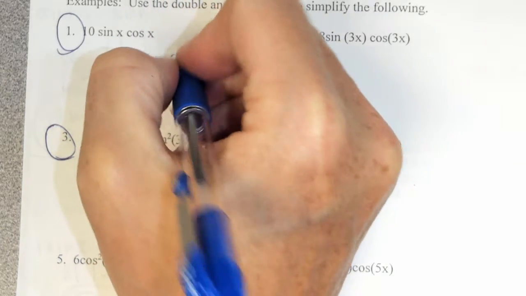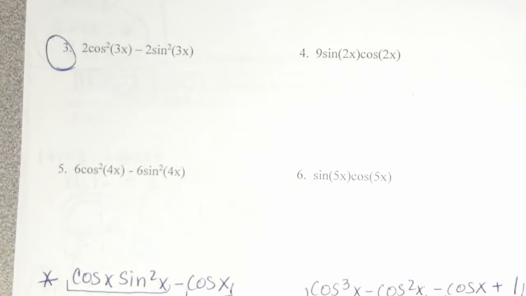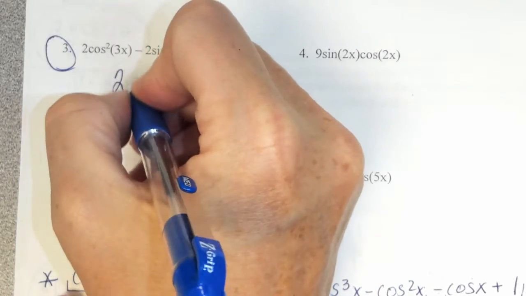Everybody agree? Yep, she's right. And what about number 3? Tora, what'd you get on that one? 2 cosine 6x. That's correct too.